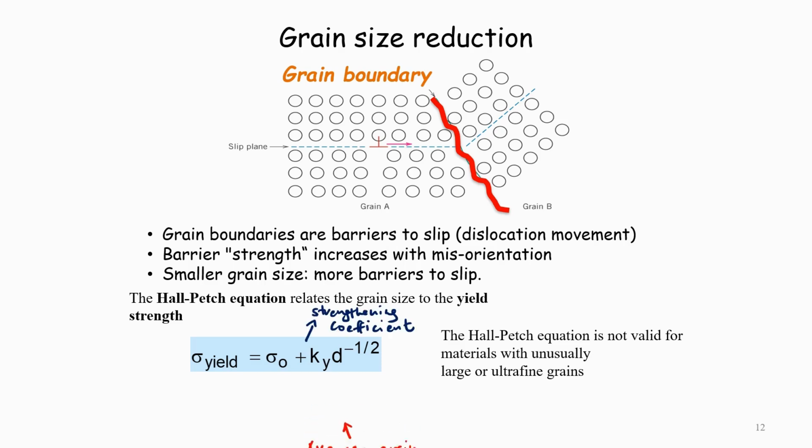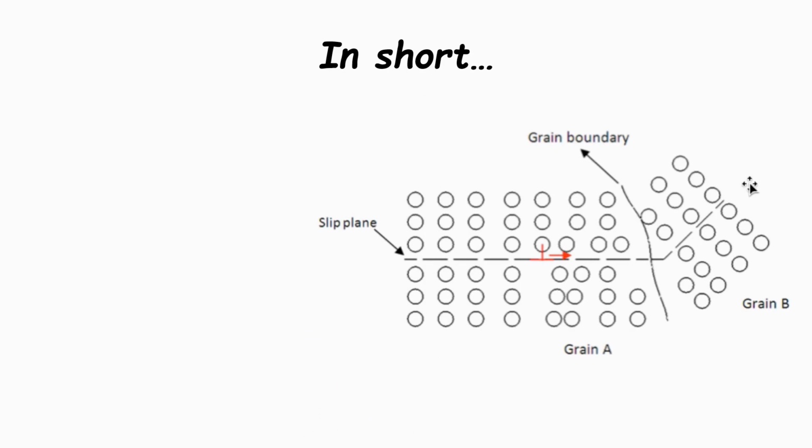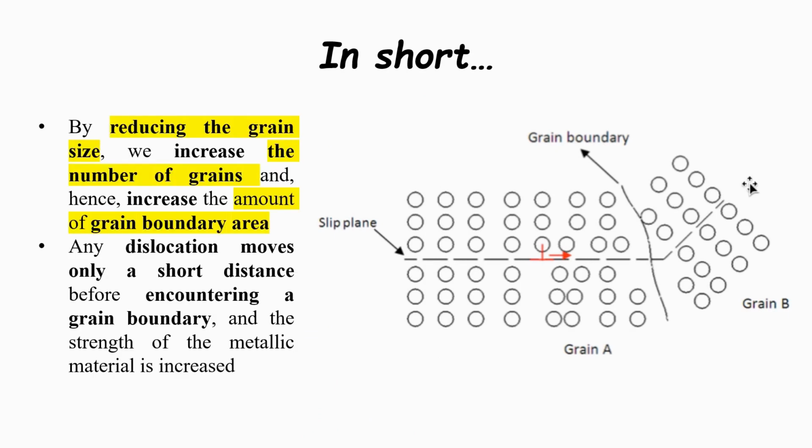By reducing the grain size, we increase the number of grains and hence we increase the amount of grain boundary area. Any dislocation moves only a short distance before encountering a grain boundary, and the strength of the metallic material will be increased, meaning that when we have a smaller grain size, we have more boundaries, and this will lead to a shorter dislocation path and a stronger material.